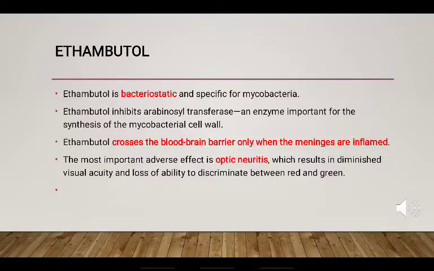A third interesting agent widely used in this group is ethambutol. Ethambutol is bacteriostatic. Okay, so it doesn't kill. It's not cidal. It's static. What it does basically, it inhibits one of the enzymes that is important for the synthesis of the mycobacterial cell wall.